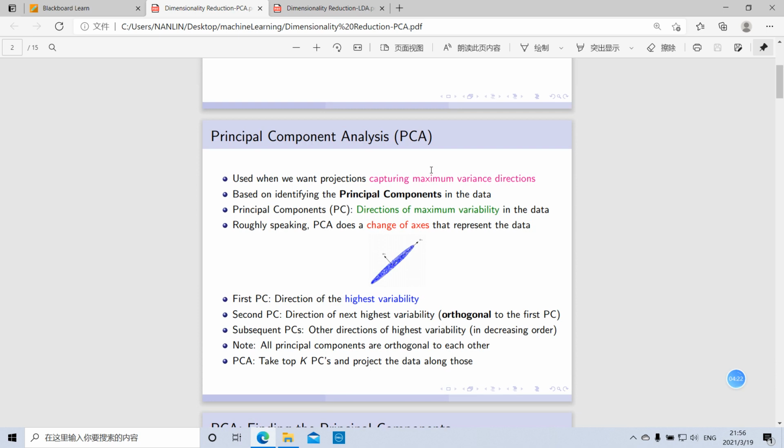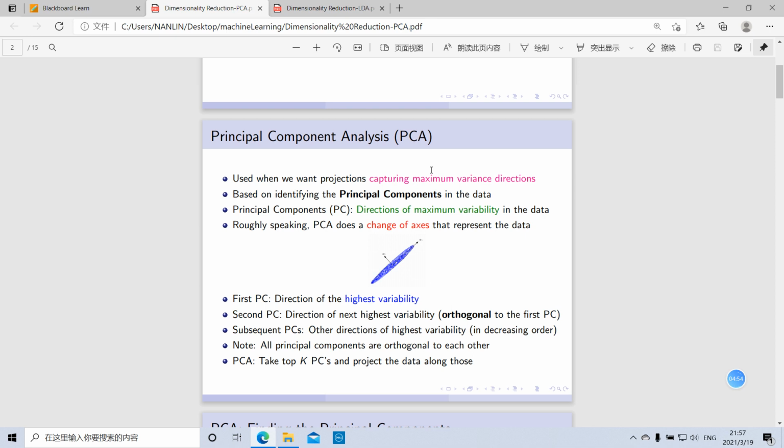The first principal component is normally the direction with the highest variability. The second one has the next highest variability, normally at a 90-degree relationship to the first component. The following principal components will have less variability in descending order.